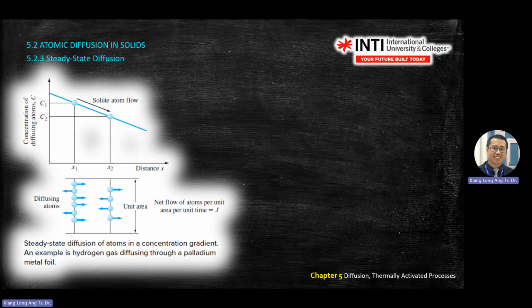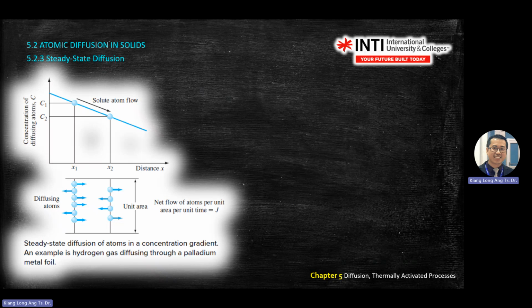If your concentration drops from a high point to a low point, it means the atoms have moved from position 1 to position 2. The concentration drops from C1 to C2.